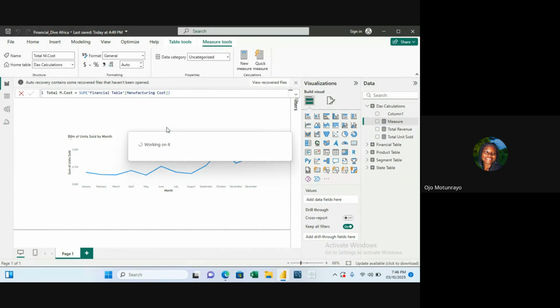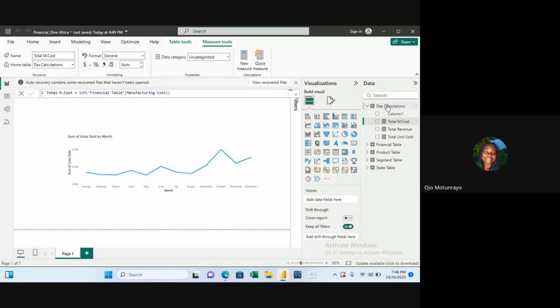Another thing we can look at again is our gross profit. How do we get our gross profit? That is total sales, which is the revenue, minus your total manufacturing cost. That's how we get our gross profit.